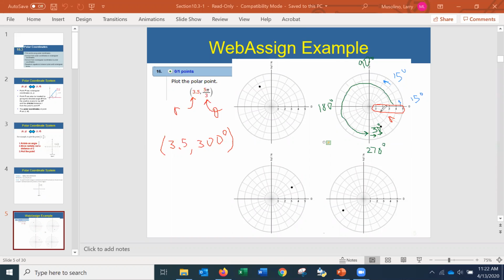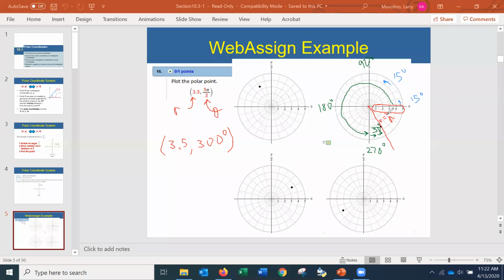Then you've got to walk out on this red line. Here's a red line. You've got to walk out a distance of 3.5. Well, that means you can use these concentric circles, right? This circle is R equal 3.